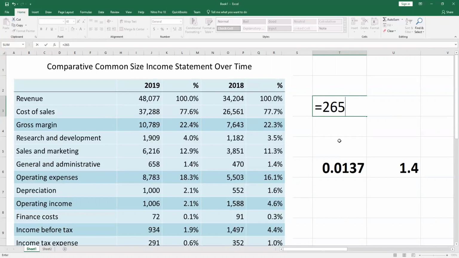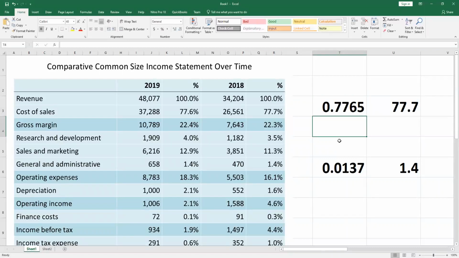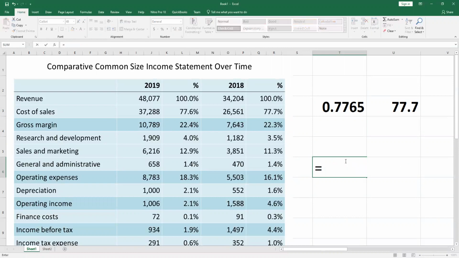26561 divided by 34204, and you can see I will do it here for you.